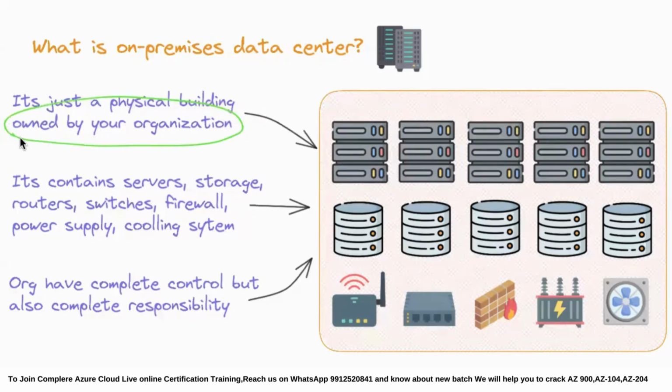For example, if you are working at TCS, Wipro, Infosys, Capgemini, Google, Amazon, or Facebook, they are responsible for everything in that particular set of hardware. This set of hardware we call a data center. When someone calls it a data center, it means they have a building in some area, and in that building they have hardware components like this.